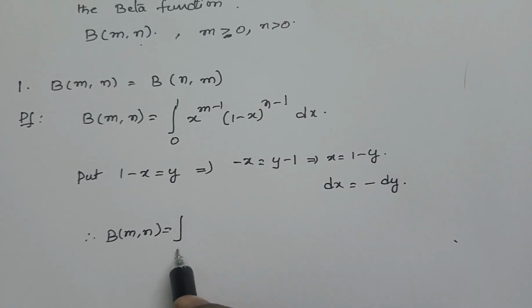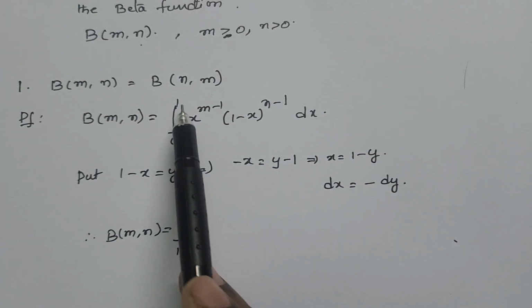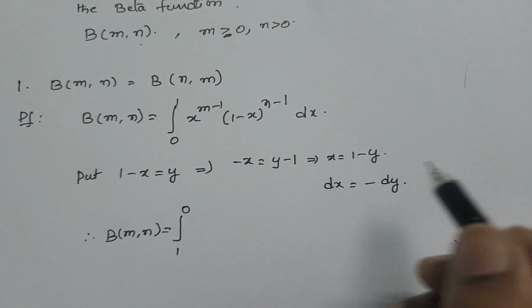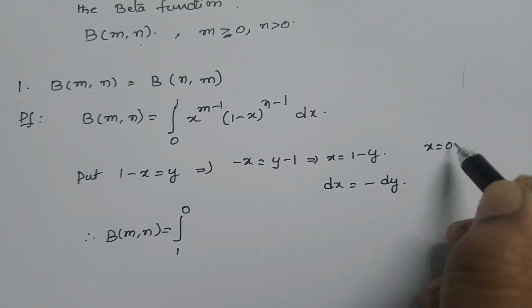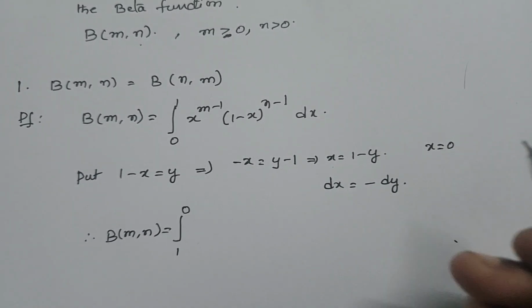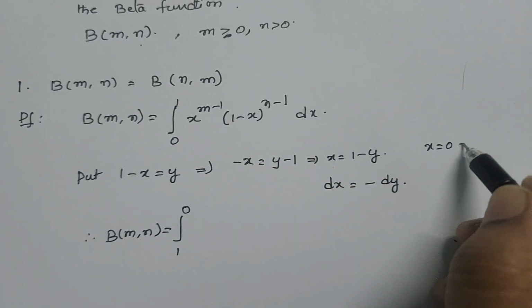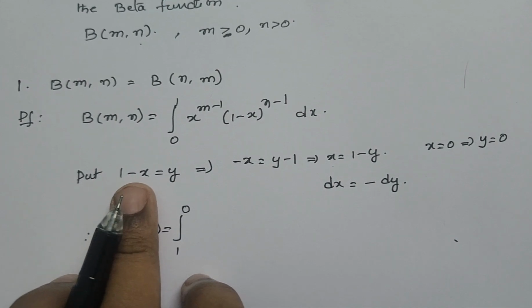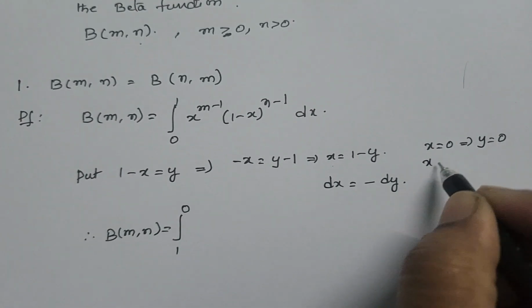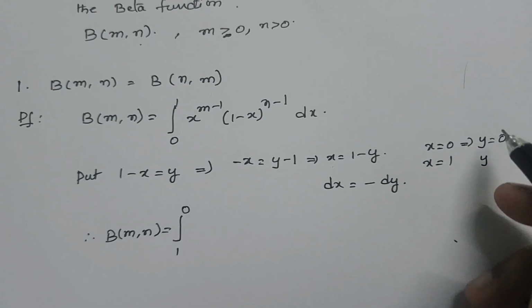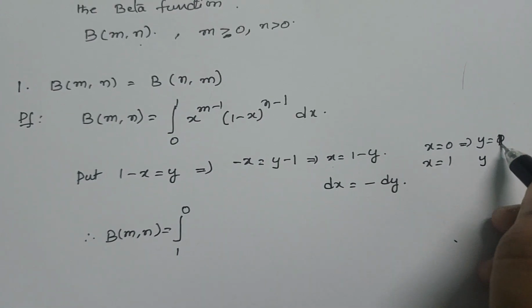the integral from 1 to 0. Why are we changing the limits from 0 to 1 into 1 to 0? When x is equal to 0, this implies y is 1.